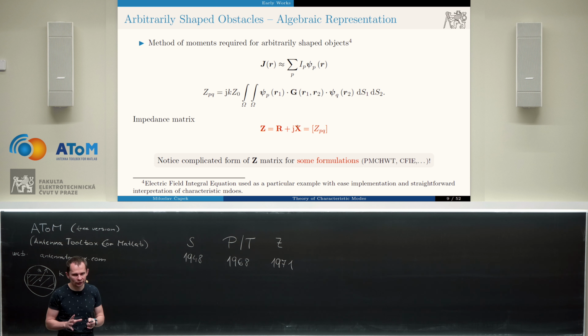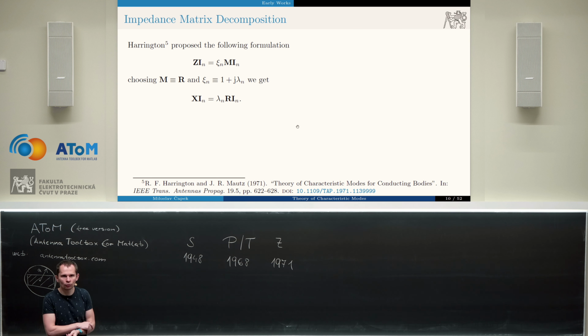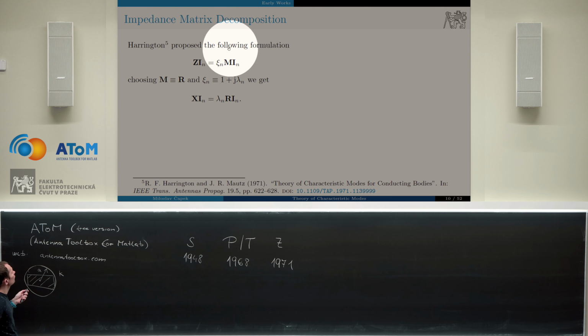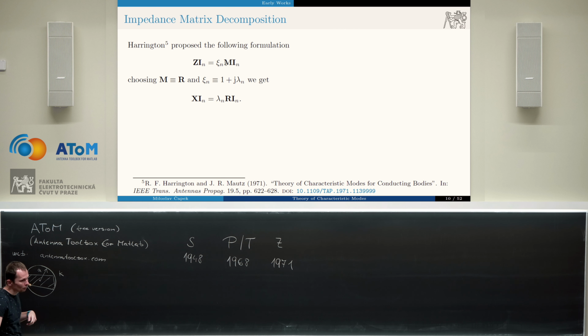It is not directly the real part of it. So here we have EFIE, we have perfectly conducting obstacles, and we can move forward. In this case, we can closely follow Harrington's steps and consider this decomposition as what we need. So Zi is equal to some eigenvalues times Mi, where M is some weighting matrix, as it is called in the theory of eigenproblems.